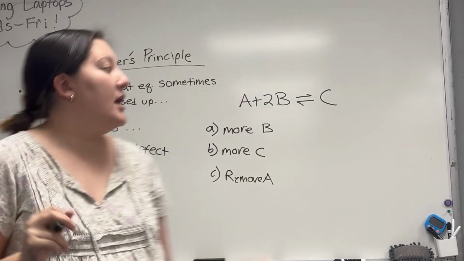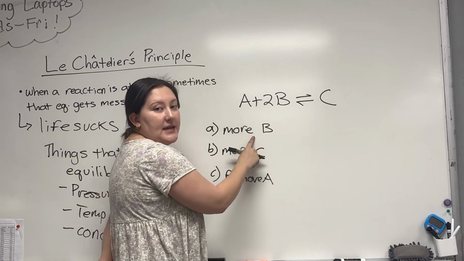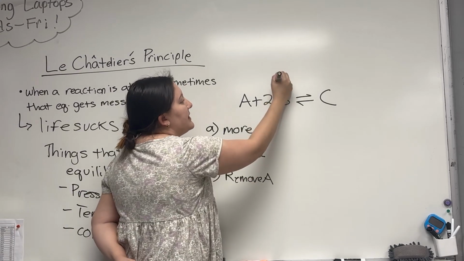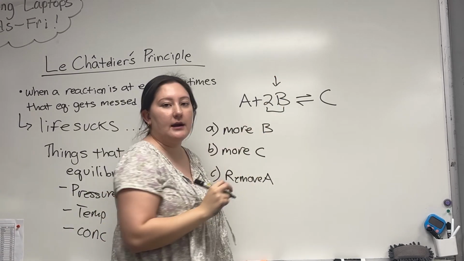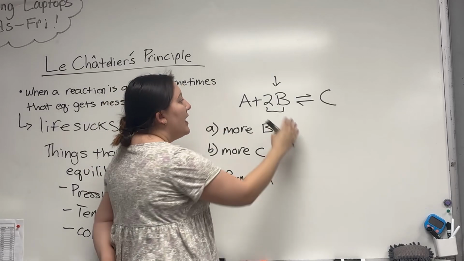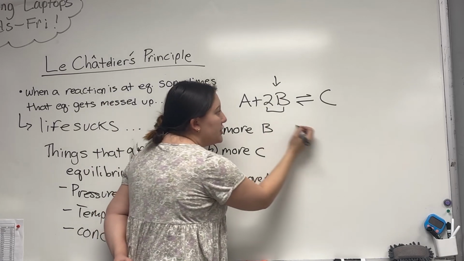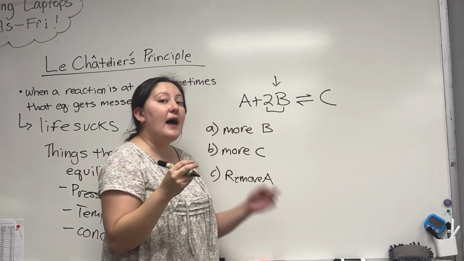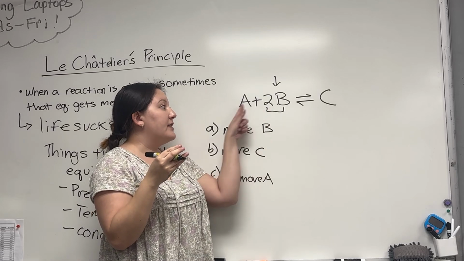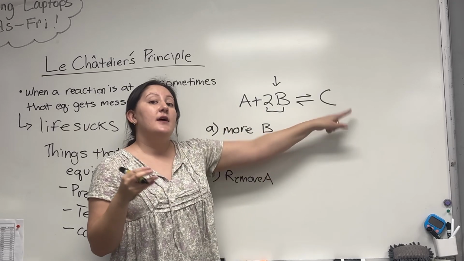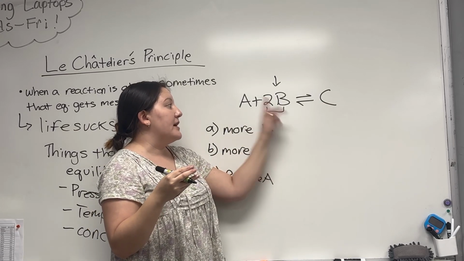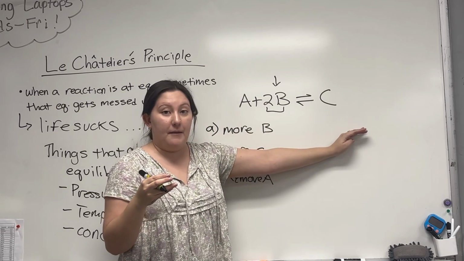We'll start with that. So if I add more B to this system, that means that this whole situation right here is going to be higher. So there's more B. We're going to shift to the right so that we can make more of this B into C. So in other words, if we add more of this, we have to shift away from it.